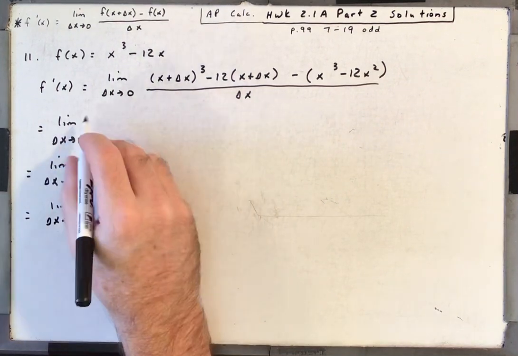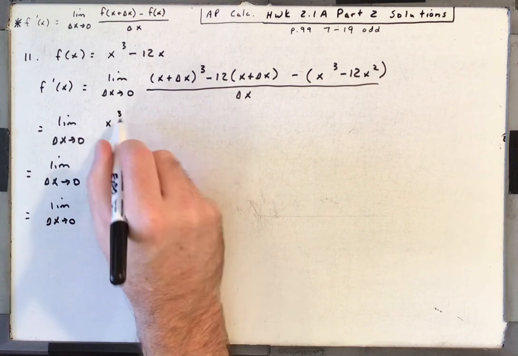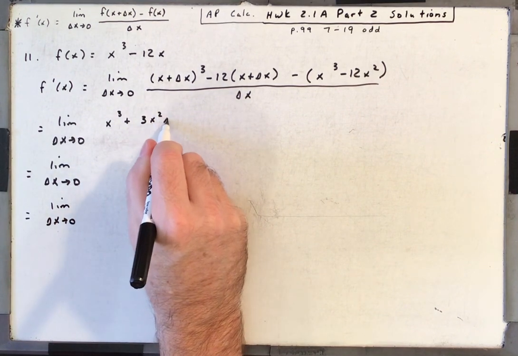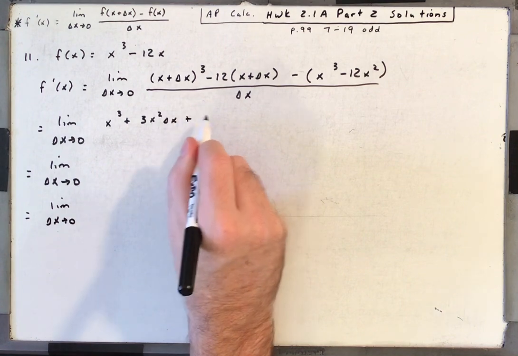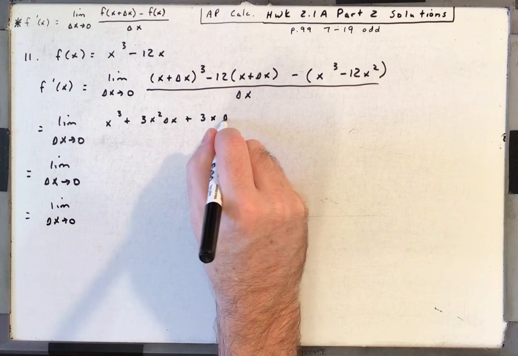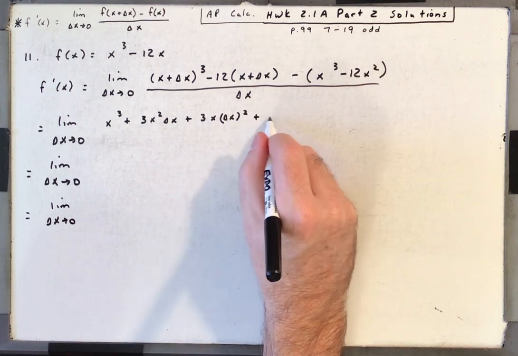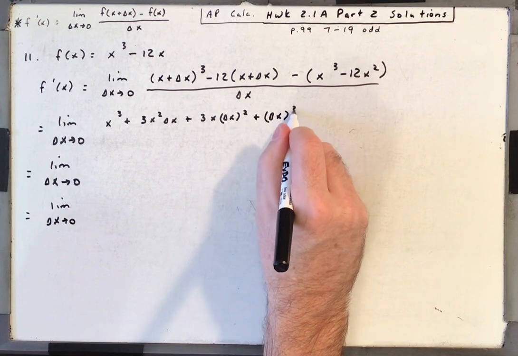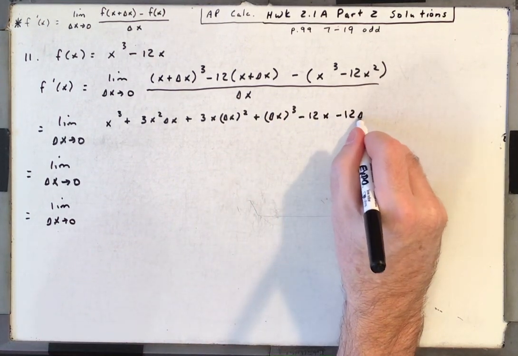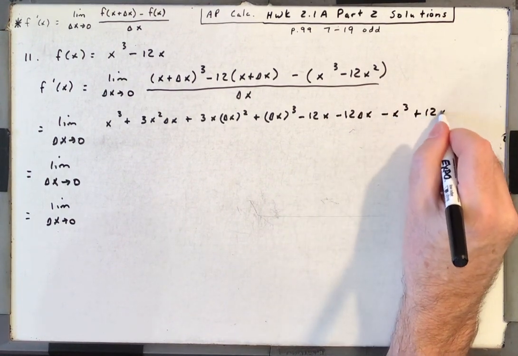All right, so this was expanding a cube, so that's x cubed plus 3x squared delta x plus 3x delta x all squared plus delta x all cubed minus 12x minus 12 delta x minus x cubed plus 12x squared.